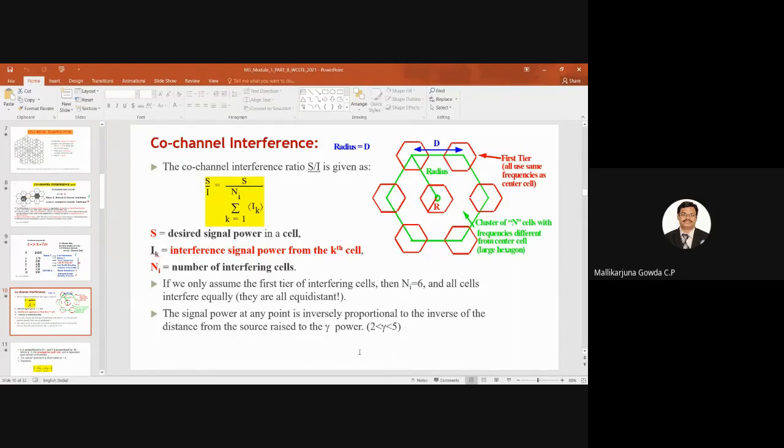It is given as S by I, equal to the desired signal power S in a cell, over the summation for K equal to 1 to Ni of Ik, where Ik is the interference signal power from the kth cell, and Ni is the number of interfering cells.